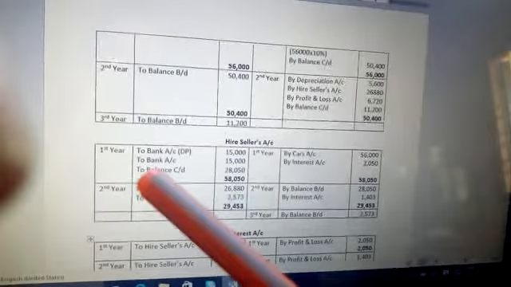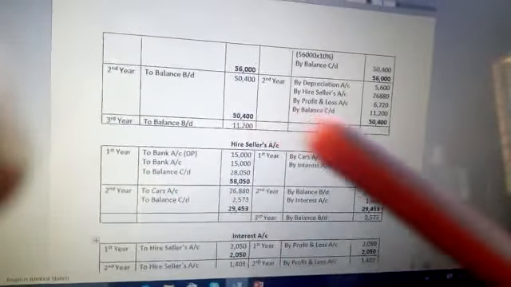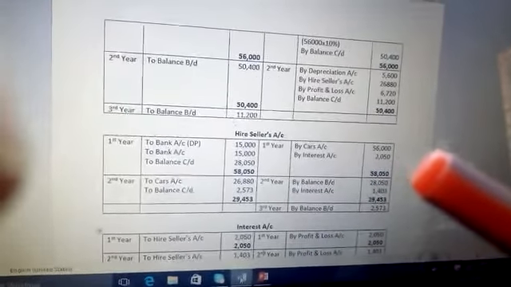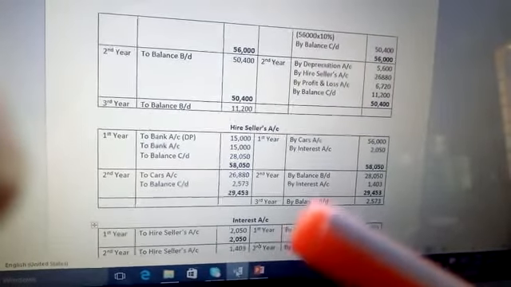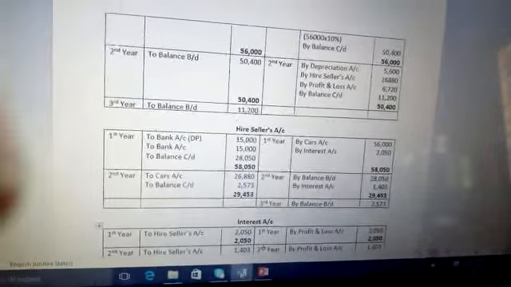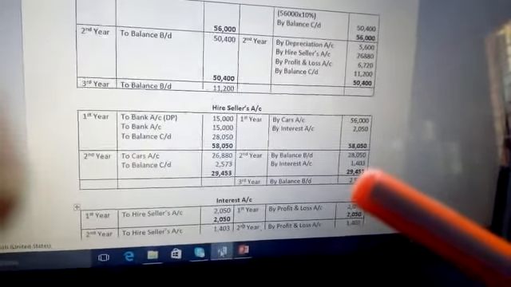And fourth entry for the payment of first installment, remaining balance to be carried down. So second year, this is the year of default, balance brought down. We will record all the entries including interest due, but we will not record the entry for payment of installment. In the second year, interest is 1,403.